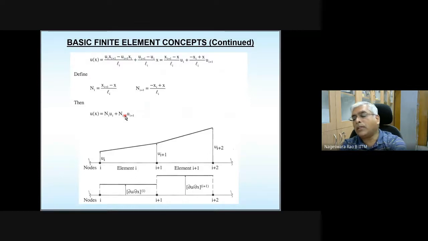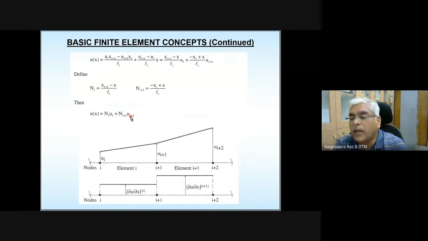Now, if you want to use the Galerkin method, how do you define the weight function? If you write your trial solution in this manner, the weight function is defined, for the Galerkin method, as the partial derivative of u with respect to ui. You are going to get one weight function. The partial derivative of u with respect to ui+1 gives you another weight function.